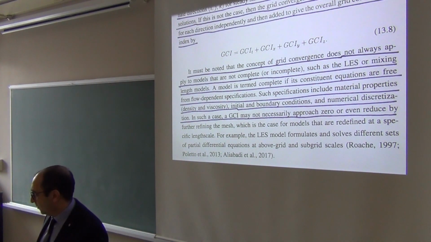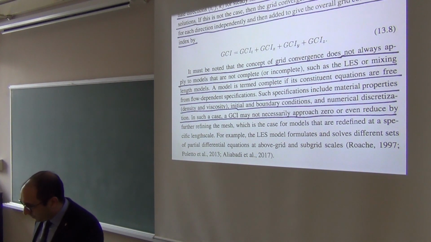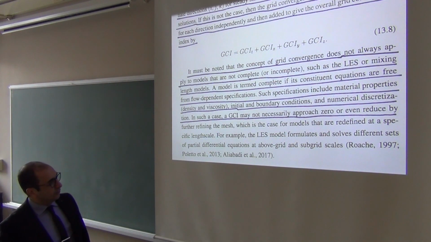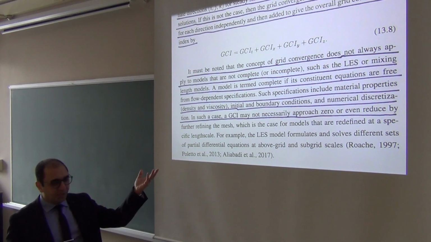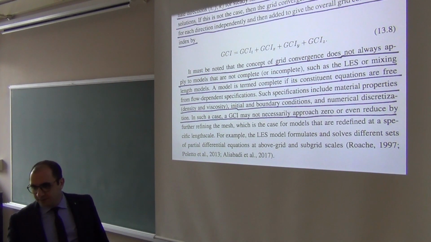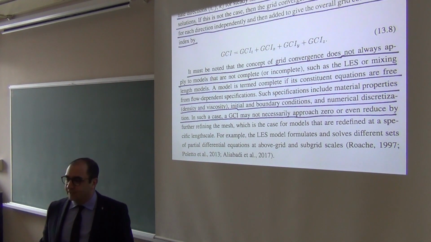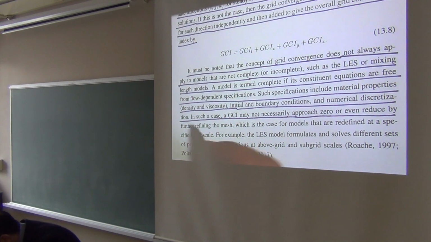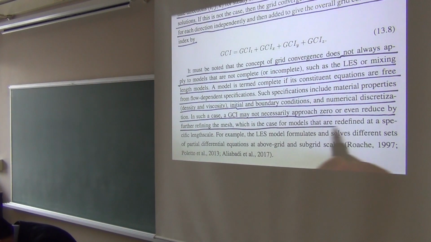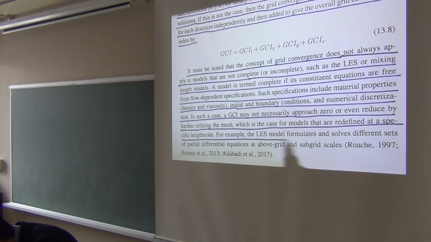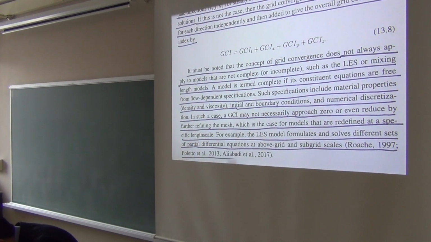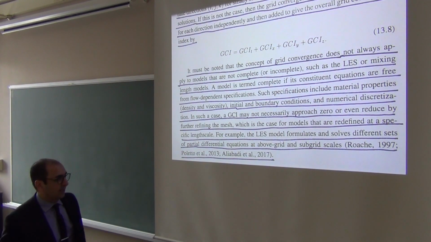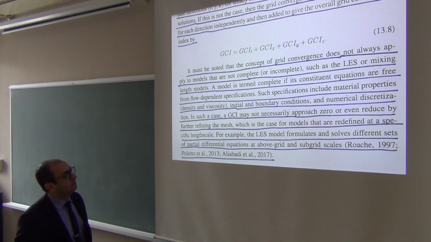You don't have to calculate GCI. If you want to see the sensitivity of your solution to the mesh, just change it, run the solution, and look at the grid independency test. GIT. Don't use GCI for incomplete models. And we have again and again verified this in multiple studies that have happened. Okay?